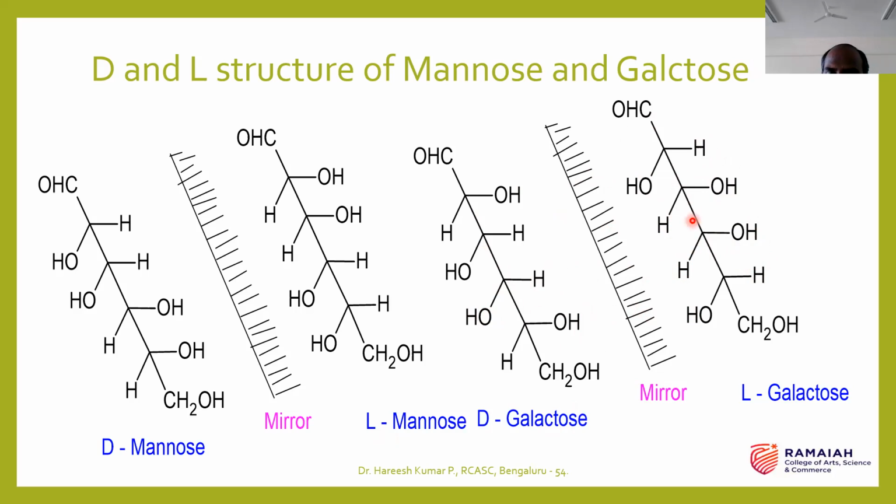This is the mirror image. And here you have to account for the bottom chiral carbon atom. If the OH on the bottom chiral carbon atom is on the right hand side, then it's called D-galactose. If the OH on the bottom chiral carbon atom is on the left hand side, then it is called L-galactose. So this is how you can assign D and L configuration to mannose and galactose.